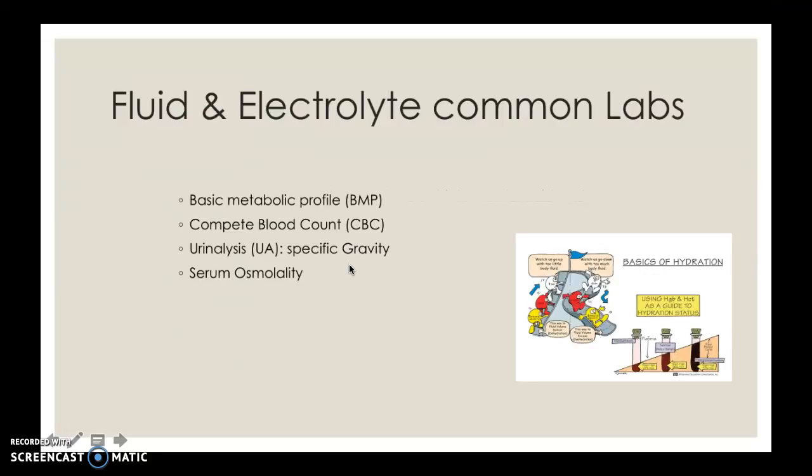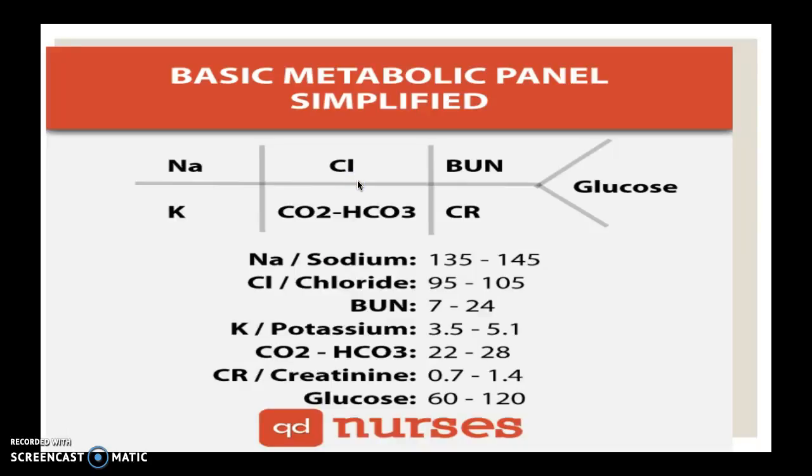These are the common blood tests that you need to know for fluid and electrolytes. We talked about these last semester. The BMP is one of the most common labs that's drawn. You need to know the normal values of sodium and potassium, BUN and creatinine, and glucose for your NCLEX exam. For me, I want you to know sodium and potassium.